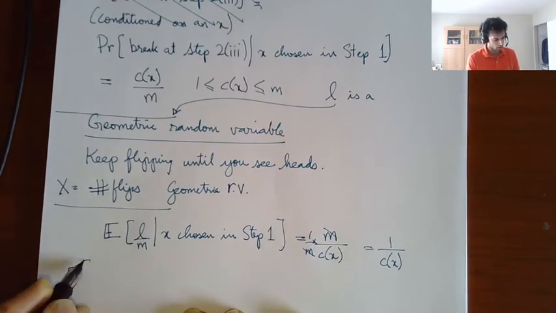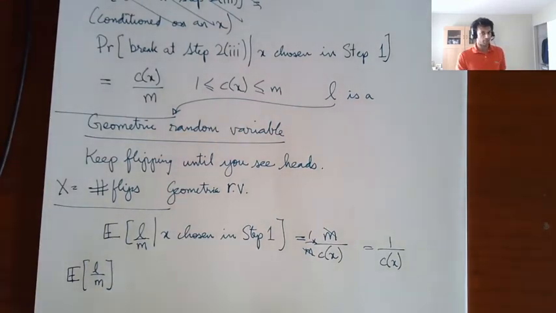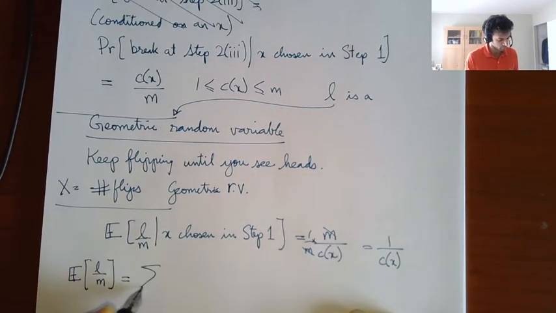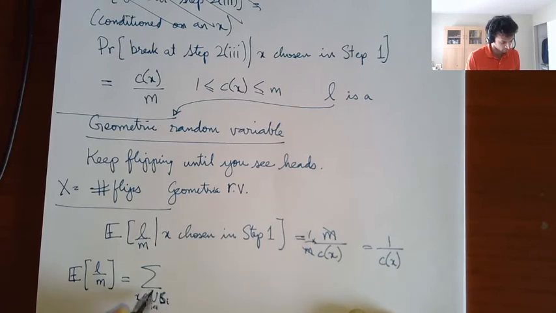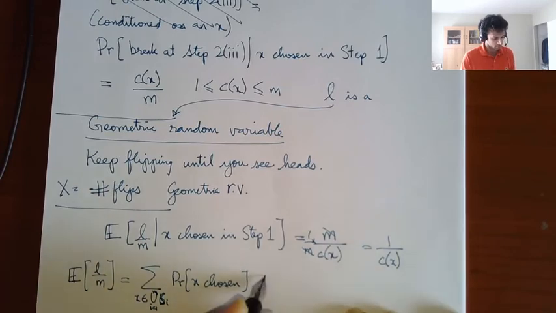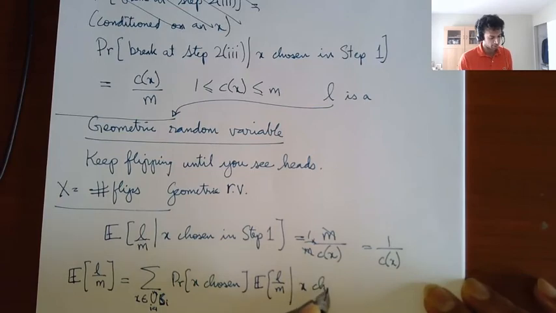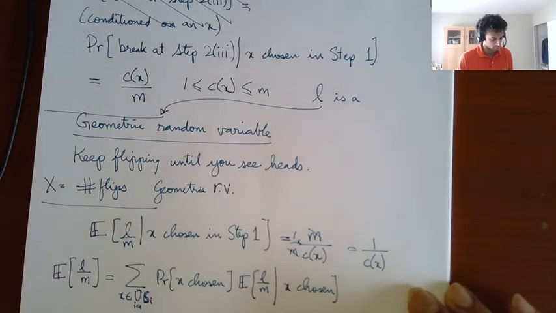Now, what is the expected value of L divided by M unconditionally? It's the sum over all x in the union, right? So I look at all possible x's. I look at the probability that x is chosen times the expectation of L divided by M conditioned on x being chosen.